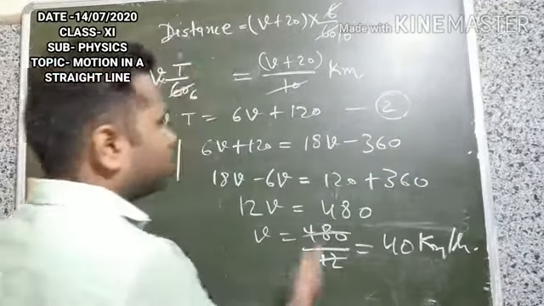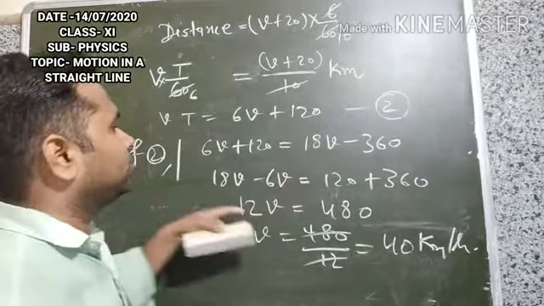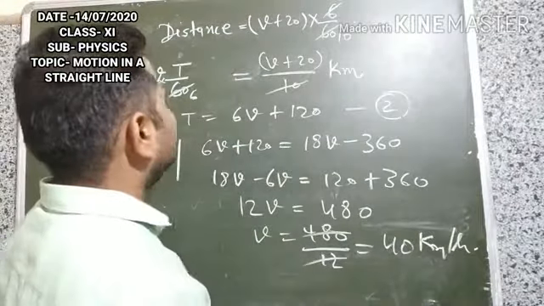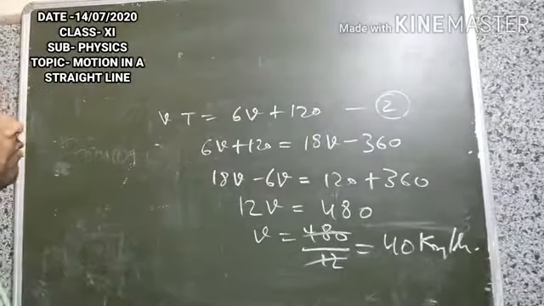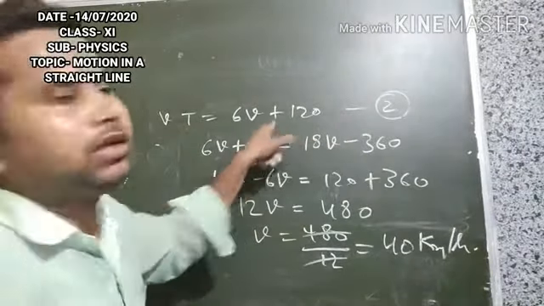And now you can calculate the t also by using this relation. In either question 1 or 2, you can put the value of v to get the t here.